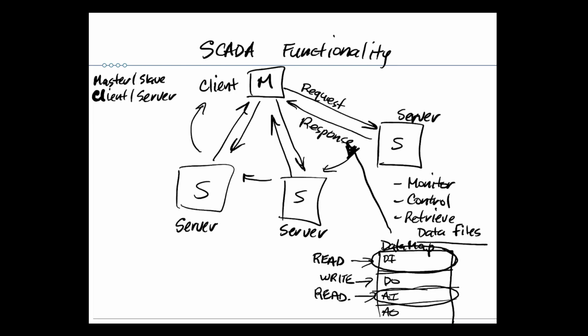So the master would actually send out a write command to the server to load a 1 or a 0 into its output register so that it could control that breaker. So notice that's an output data type. So for an output data type, we'd be looking at having the write functionality. So then you would follow for an AO, you'd be looking at having the write functionality as well.